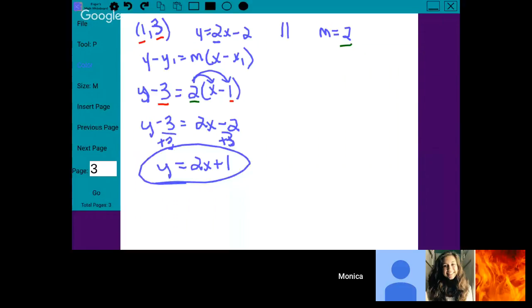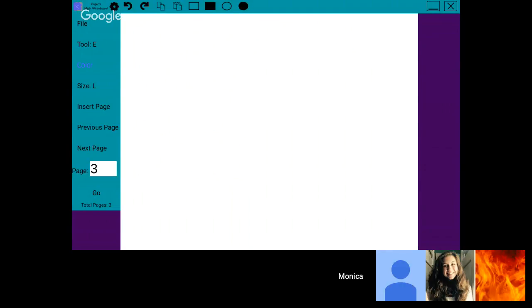So if your point is (3, -2), and the equation of your line is y equals -1/3 x minus 3, you need to write the equation of a line that passes through this point and is perpendicular, okay? So your slope here is -1/3.